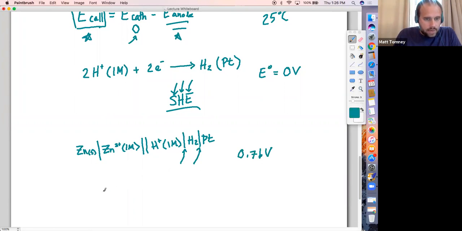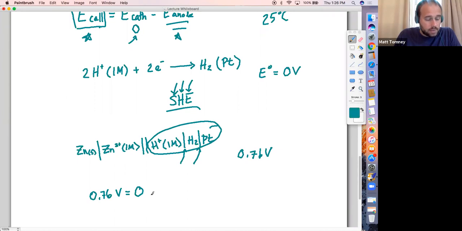So what I can do then is say, all right, that means that for this setup, the E cell is 0.76 volts. That is equal to the E cathode standardized minus the E anode standardized. Well, in this case, the cathode is the hydrogen, which we said is going to be set to 0.